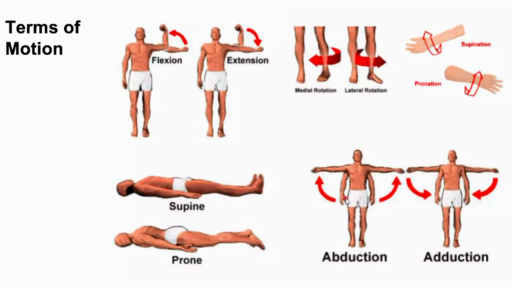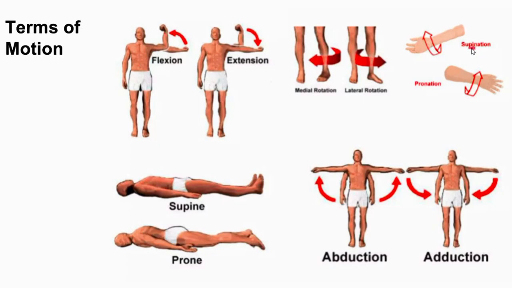Other terms include pronation, which is the twisting of the hand. If we are twisting the hand in an anti-clockwise direction, that is called pronation, and if we are twisting the hand in a clockwise direction, that is supination.